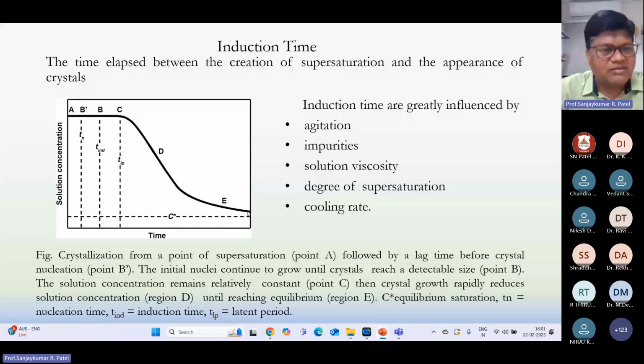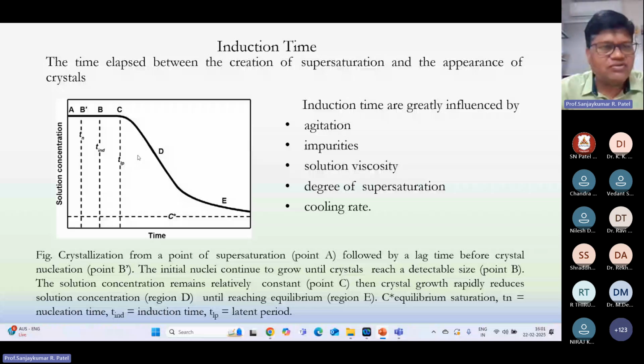That means the concentration available for the growth of the crystal is between the C star and the point of the supersaturation created. This is the concentration which is being utilized for the growth of the crystal. So this is a very important definition that needs to be understood in crystallization.